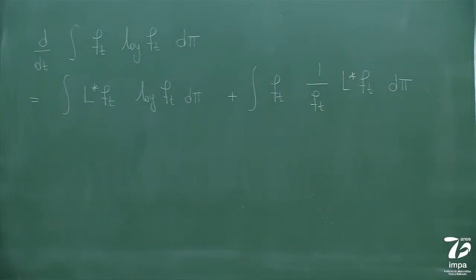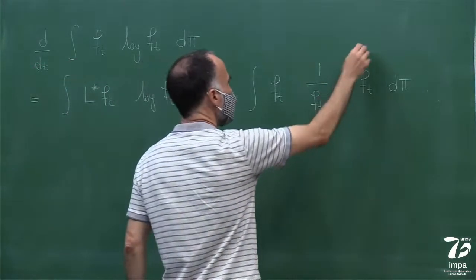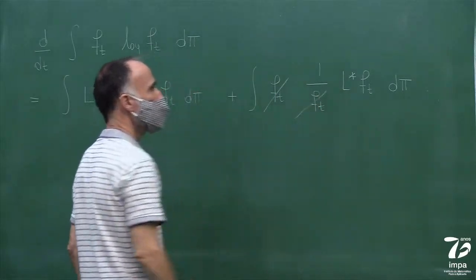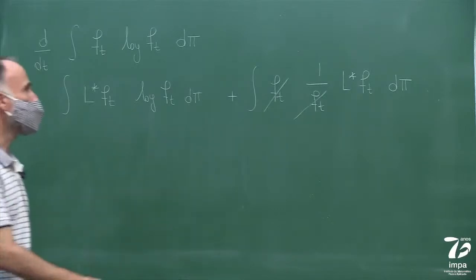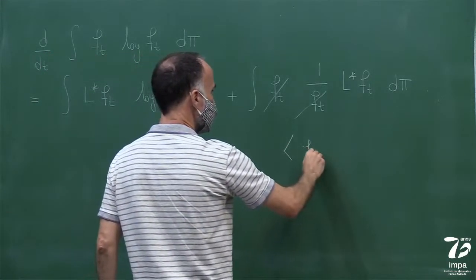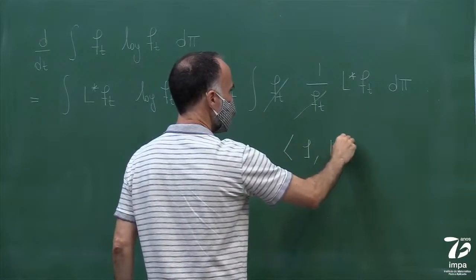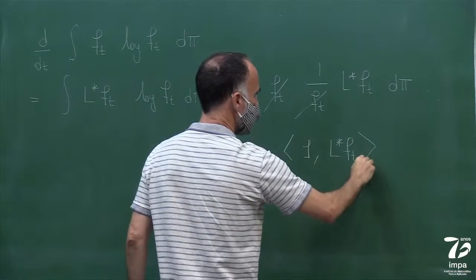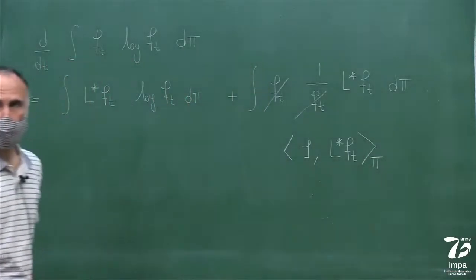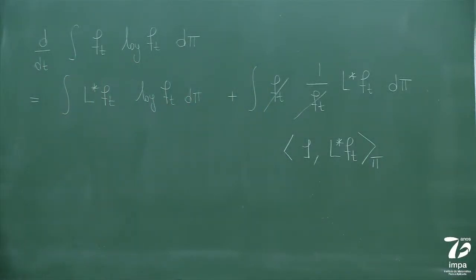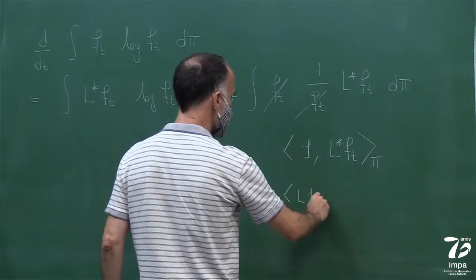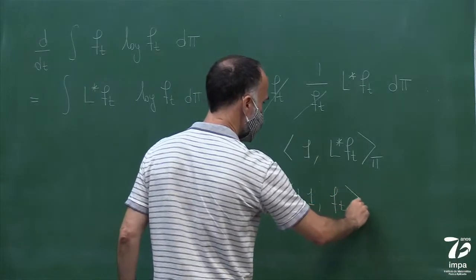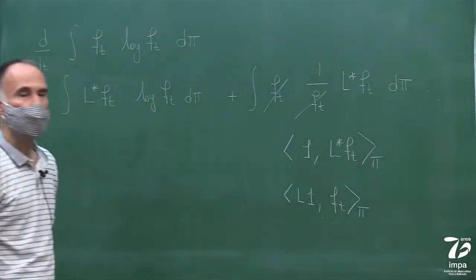Okay, so I claim that the second term is 0. Why is this 0? Because Ft cancels with 1 over Ft, and what remains can be written as the scalar product of 1 with L star Ft, d pi. So now let's use the definition of L star. So this is L applied to 1, times Ft, d pi, and L applied to 1 is equal to 0.